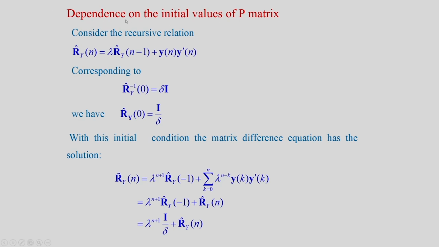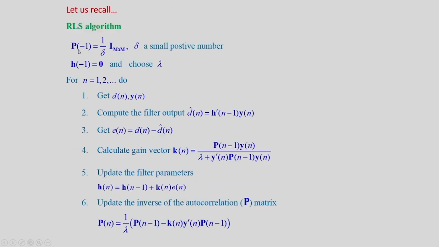Next, we will see the dependence on the initial values of the P matrix, because we initialize the P matrix here. P of minus 1 is equal to 1 by delta into the identity matrix, where delta is a small positive number.